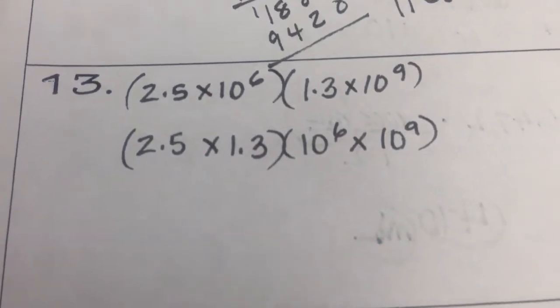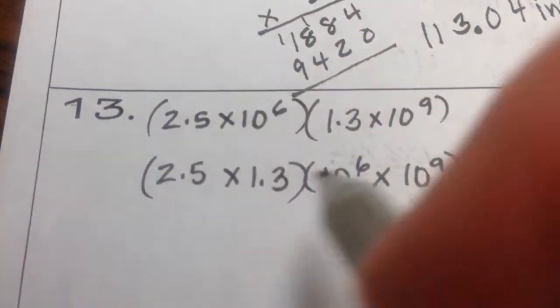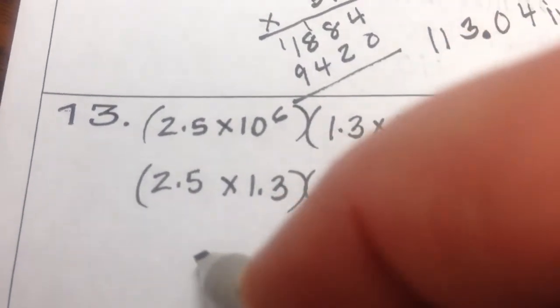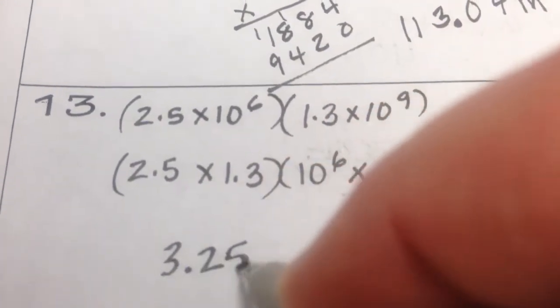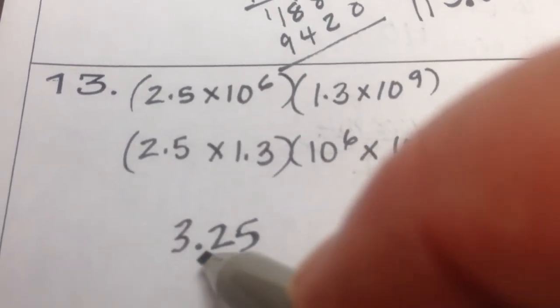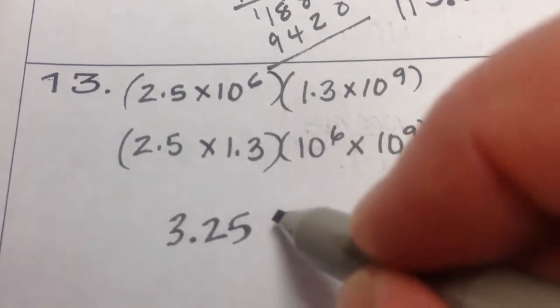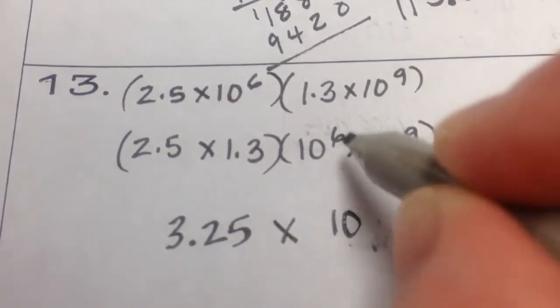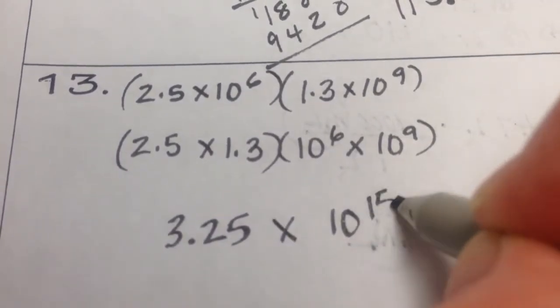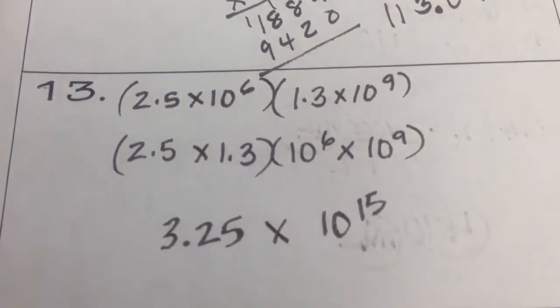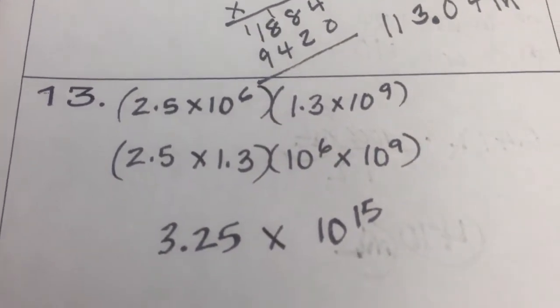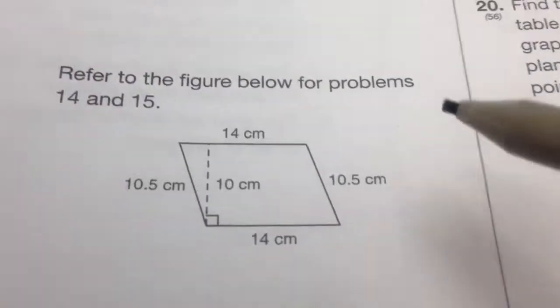And I know, because I did this beforehand, that these two decimals multiplied together is 3.25, and that is a correct form for scientific notation, the decimal coming after the first digit, times 10, and I just have to add those exponents to the 15th. Bammo, done.